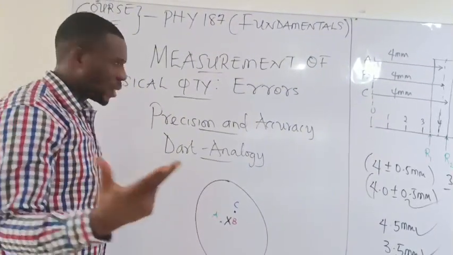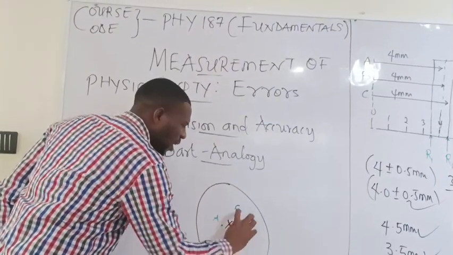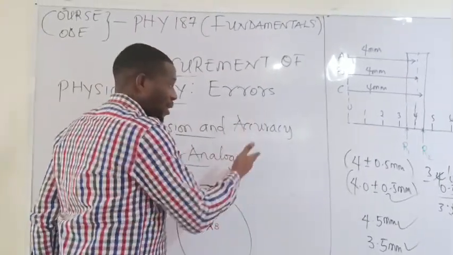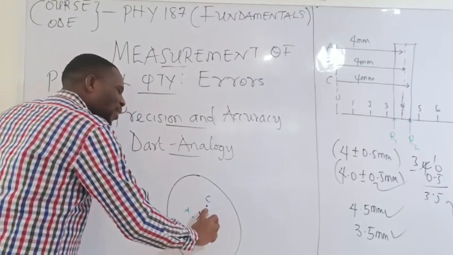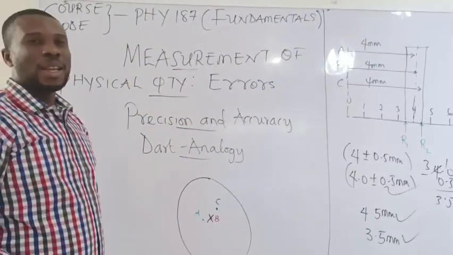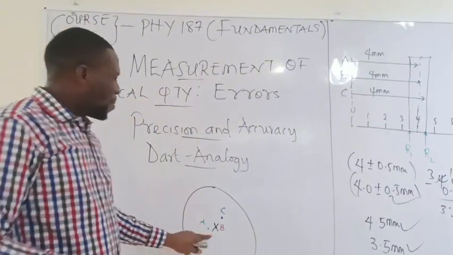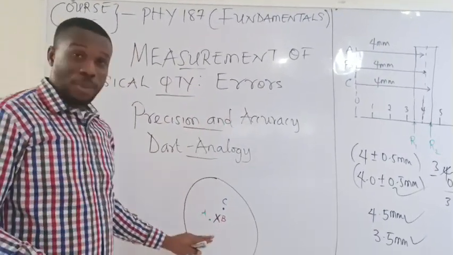That is precision, the closeness of these measured values to one another. And what is accuracy? It is the closeness of the measured value to the actual or the true value. So if you ask me which of these measured values is precise and which is accurate, I could tell you from here.